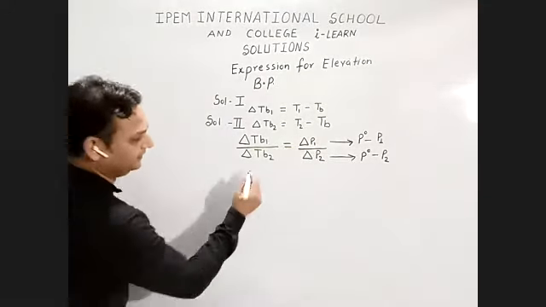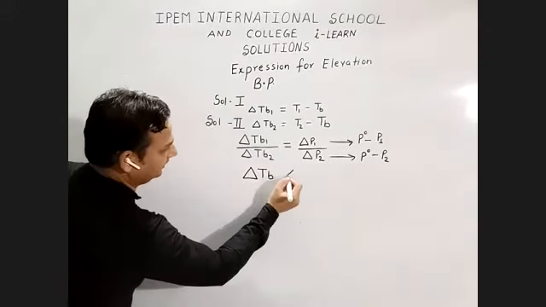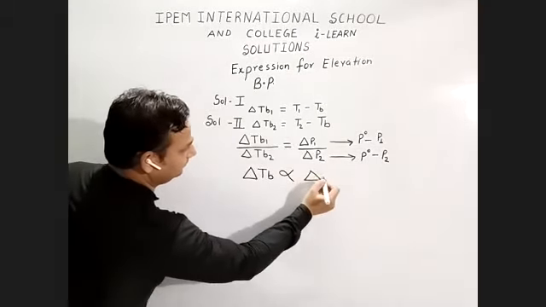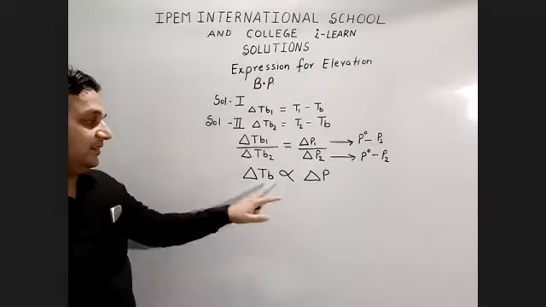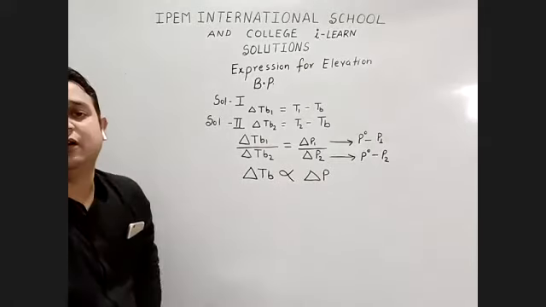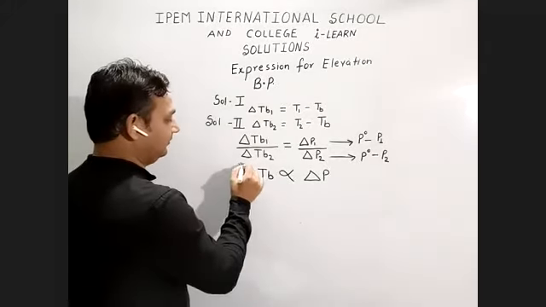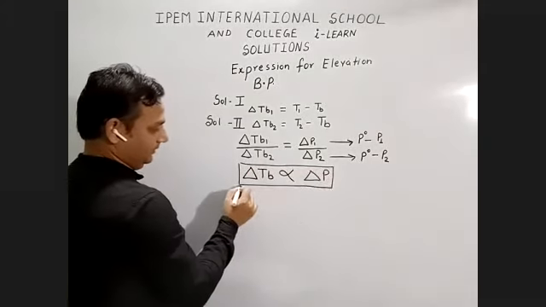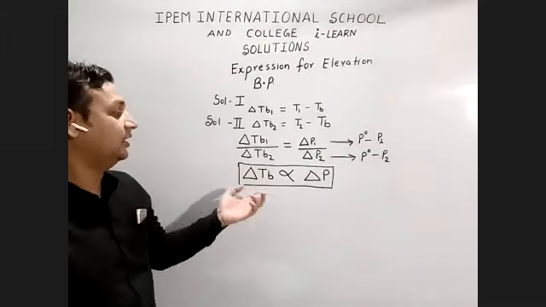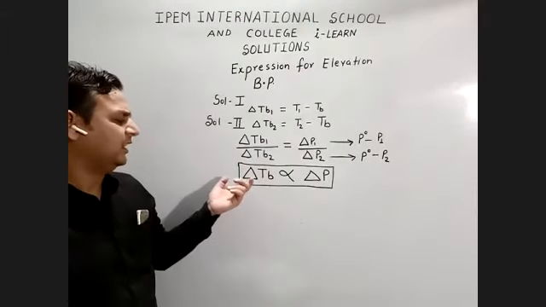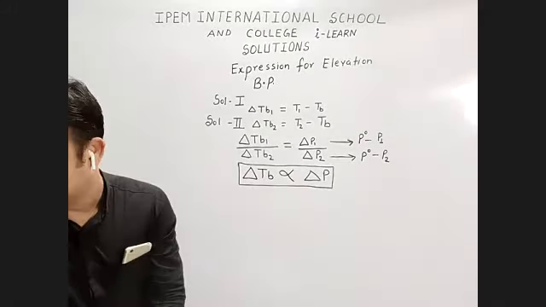We can conclude from here that delta TB is directly proportional to the lowering of vapor pressure. All right. So you will remember this relation, it will help you if they ask a simple question regarding this, with four options in the multiple choice. Delta TB is directly proportional to the lowering of vapor pressure. All right.